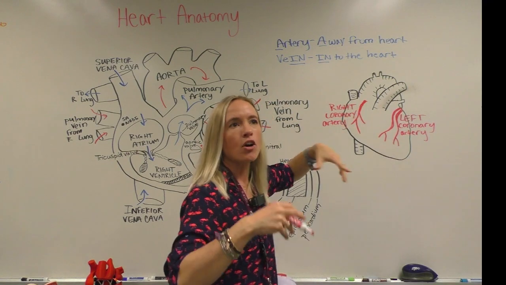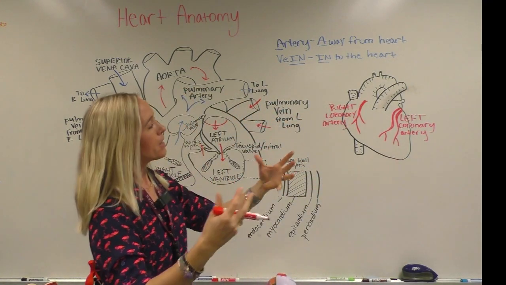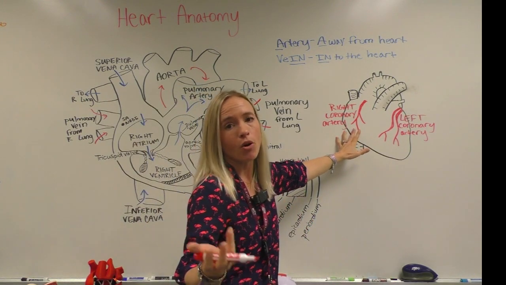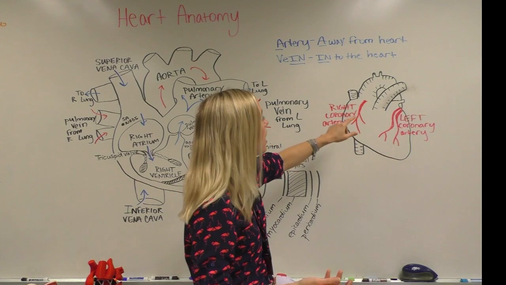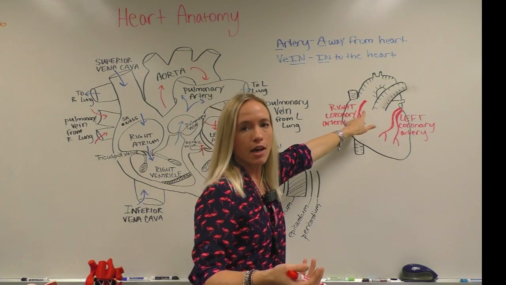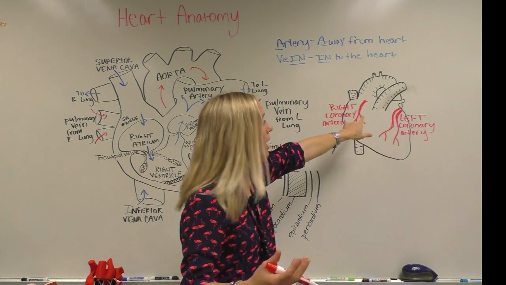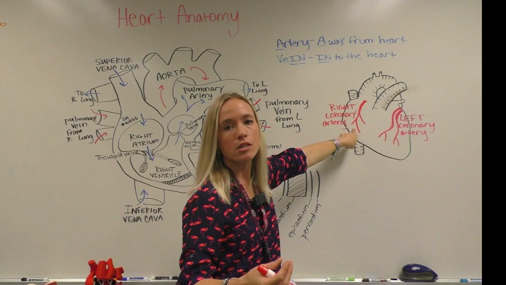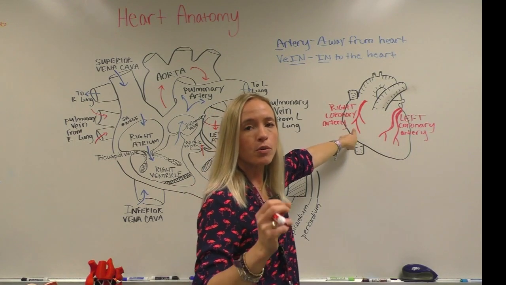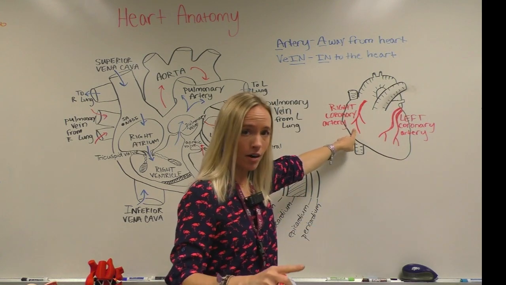So it's like the heart almost feeds itself first before it feeds the rest of the body, which is very important, since the heart is what's supplying blood to the whole body in the first place. If a blockage occurs here, like a cholesterol or a clot or something blocks the blood, and this heart tissue isn't getting blood and oxygen, that is what we refer to as a myocardial infarction, commonly referred to as a heart attack.